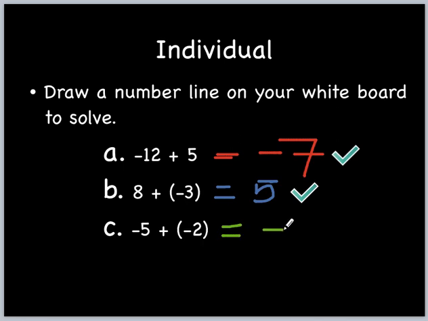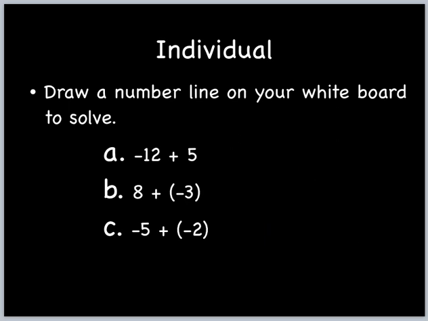You should have negative 7 as your answer. If you answer negative 7, that means your answer is correct. So how many correct answers do you have so far? All right, so let's proceed to the next slide.